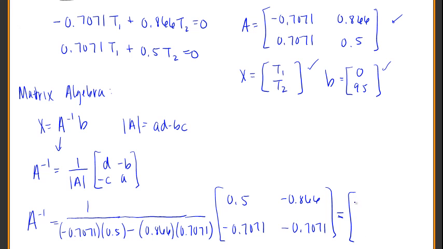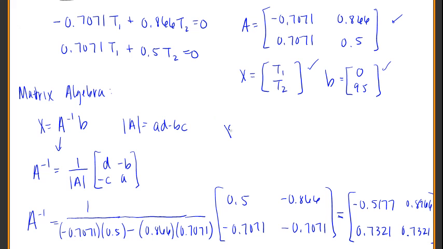Make sure you get the same answer, but it'd be negative 0.5177, 0.7321, 0.8966, and 0.7321. Okay, running out of room here, but we got a matrix right there.